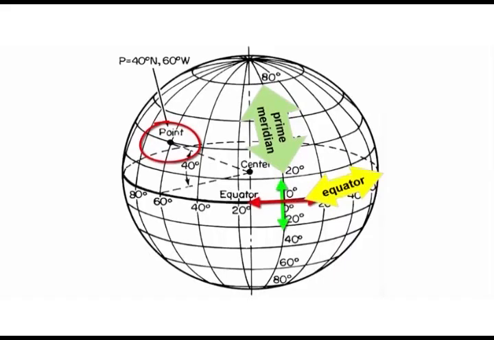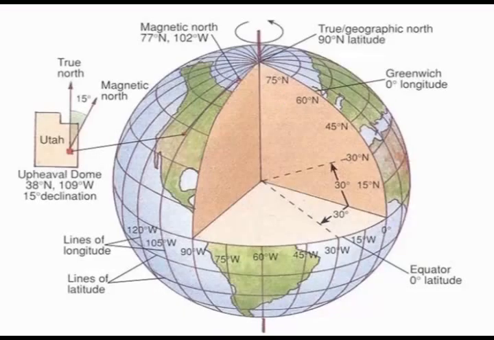The coordinates of latitudes are the angular deviations north or south of the equator, with the angle measured from the center of the globe. The coordinates of the longitudes are the angular deviations east or west of the prime meridian, and so the equator and the prime meridian are 0 degrees. If you open up the Earth, you will be able to appreciate how these angles are measured.